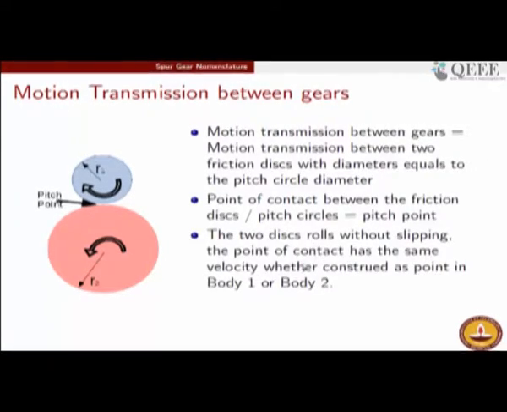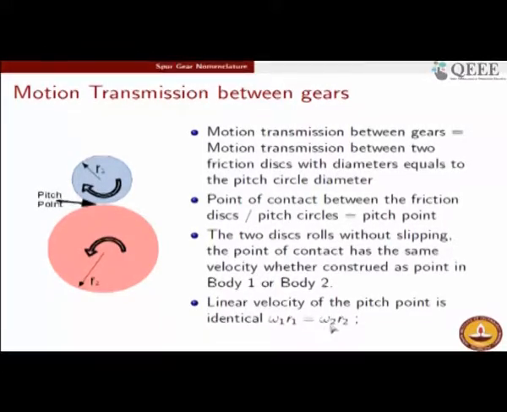So, the two discs roll without slipping at the point of contact. They will have the same velocity, as we have explained in the case of the friction disc, and that leads to this very important result, that omega 1 r1 is equal to omega 2 r2 even for a gear, right. But please note, when we are talking in the perspective of gears, this radius is something which you cannot take a scale and measure.